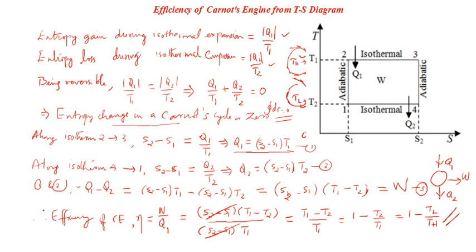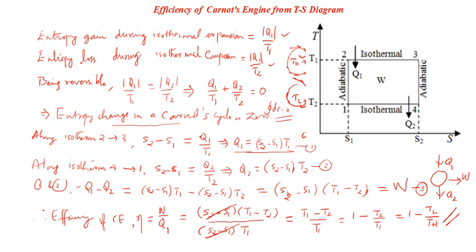Just compare, and you will find that this treatment is quite simple, because the TS diagram for the Carnot cycle is a very easy geometrical figure, a rectangle. So it's quite easy to calculate the area enclosed by the cyclic diagram. Hope that it was quite simple.